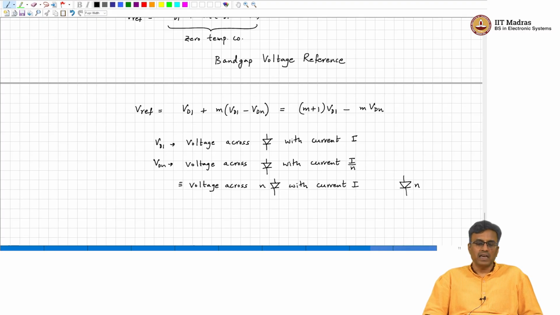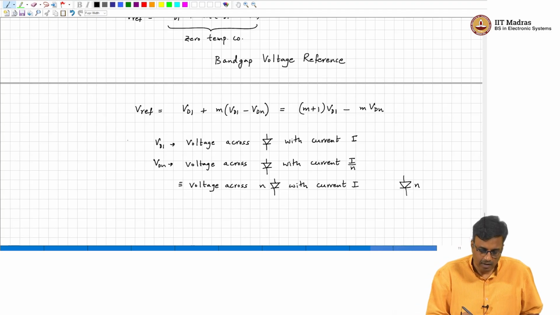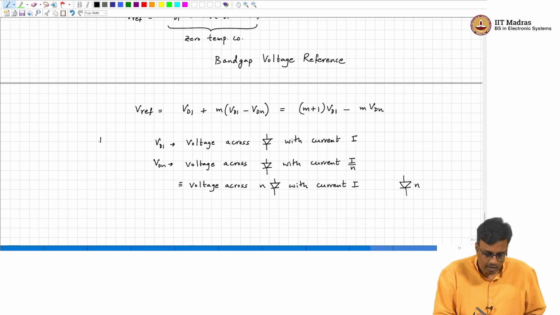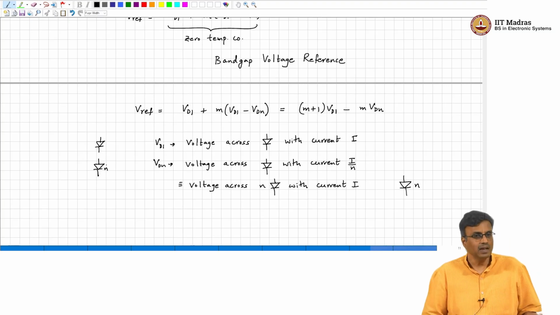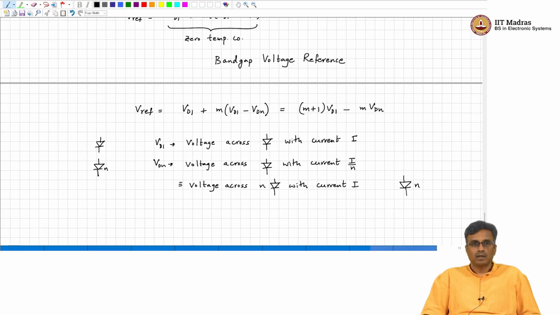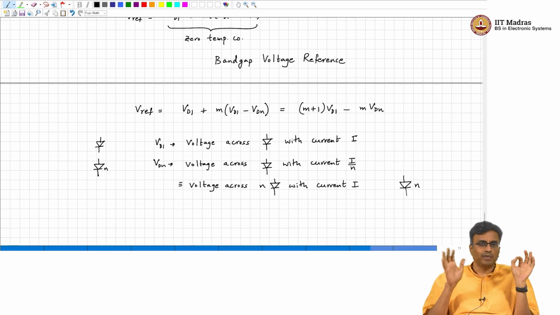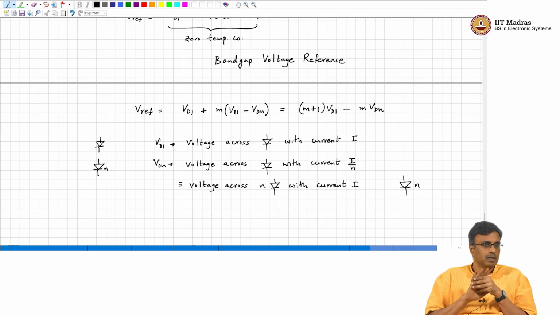But the key point is that this diode and this diode must carry the same current, only then will VD1 minus VDN be phi t ln n.